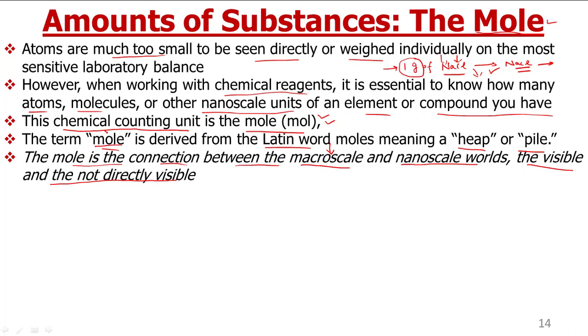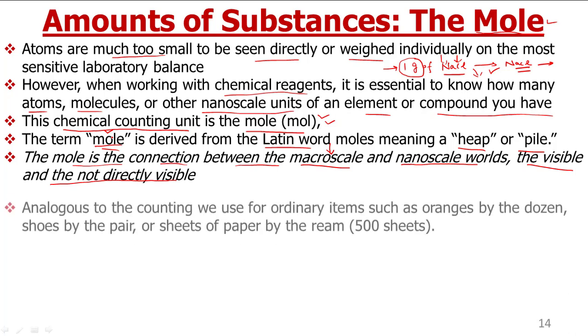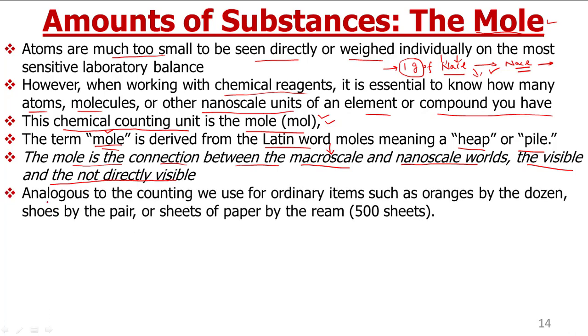So the number of molecules which add together to give a particular mass is represented by a unit called mole, and mole is analogous to the counting we use for ordinary items like oranges. We count oranges by the dozen, so 1 dozen oranges means 12 oranges. Similarly, shoes by a pair: 1 pair of shoes means 2 shoes, and sheets of paper by a ream, that means 500 sheets.